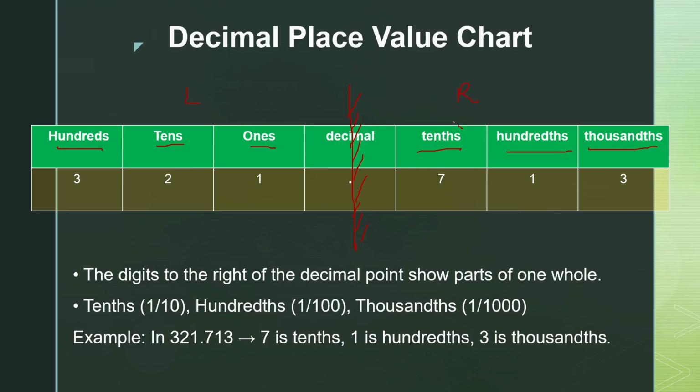Notice the "ths" in all of them. This represents pieces of tens, pieces of hundreds, and pieces of thousands, and so on. The key takeaway: every time you move a place value to the right of the decimal, you are dividing by another 10. The system never changes.